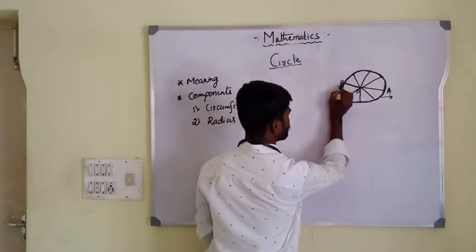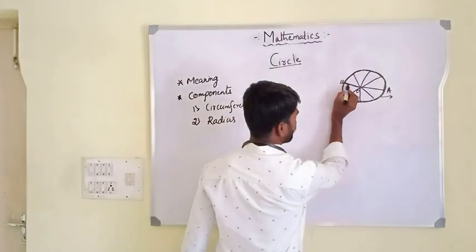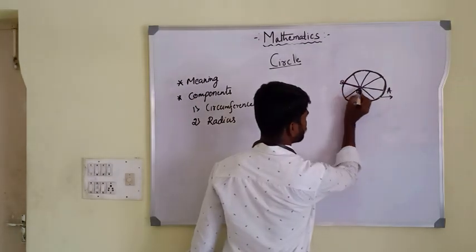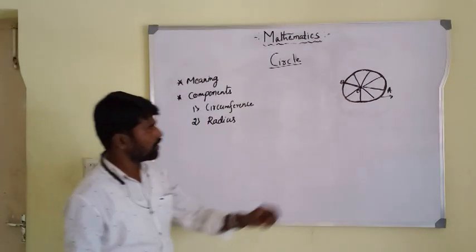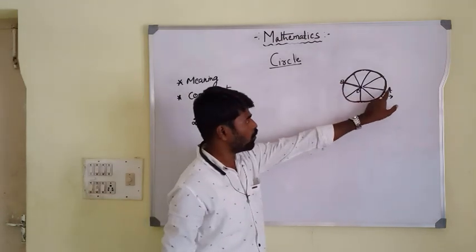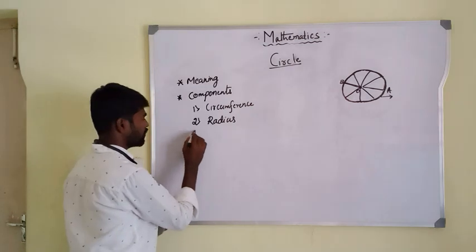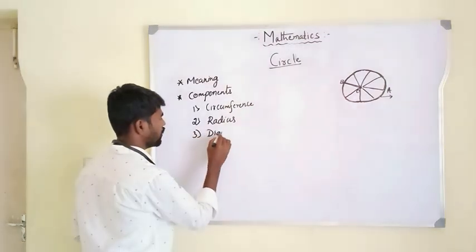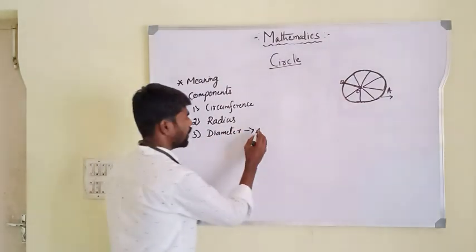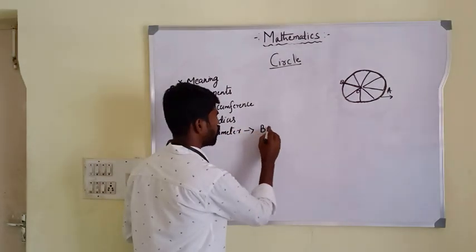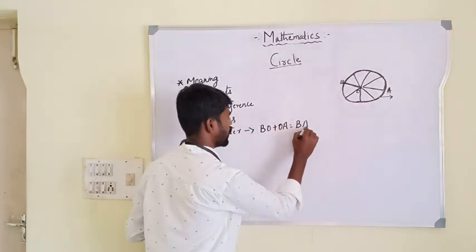Next, I will extend again this side. Let us take this as point B. Understood? Here one straight line is there. That line is passing through the center. Correct? So the length of BOA is called diameter. So diameter, the length of BO plus OA, that is BA.